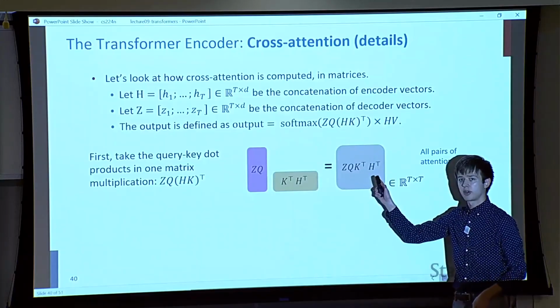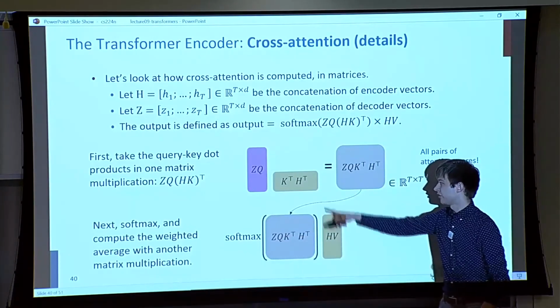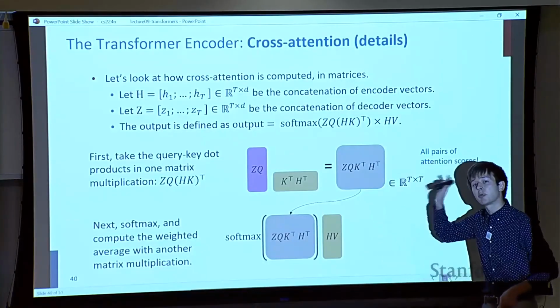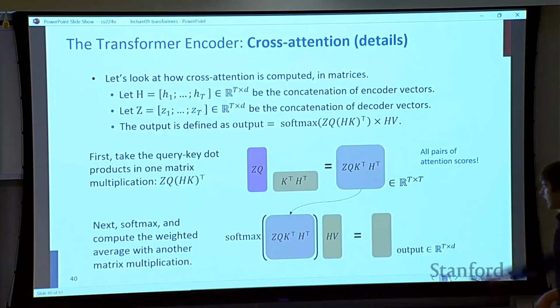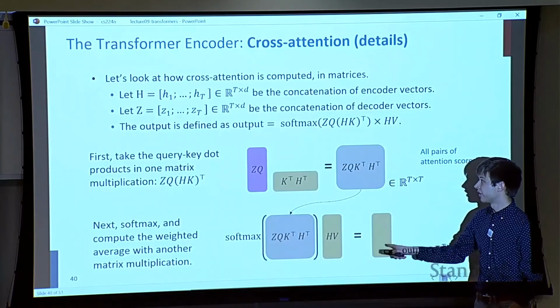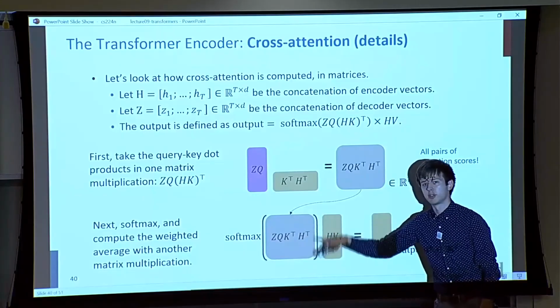Now you've got your dot products. Softmax them as you did before. And now your values are also coming from the encoder. So again, same operation, different sources for the inputs. And now you've got your output, which again is just an average of the value vectors from the encoder, HV. The average is determined by your weights.